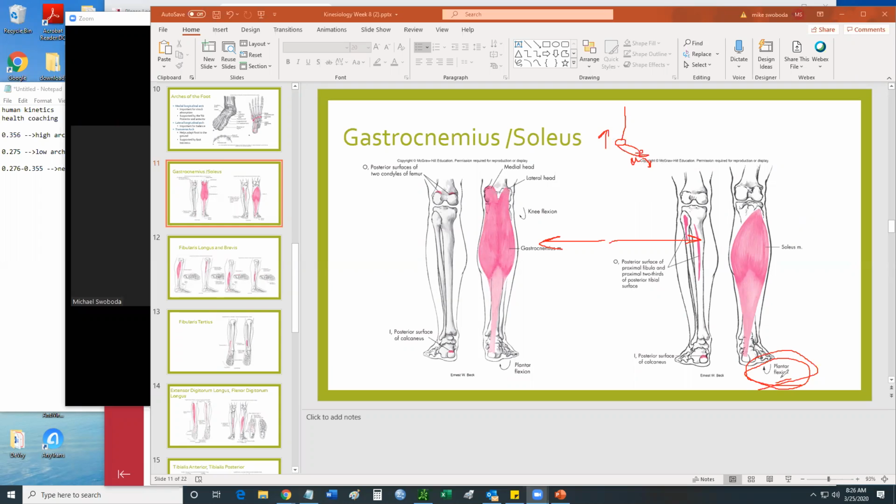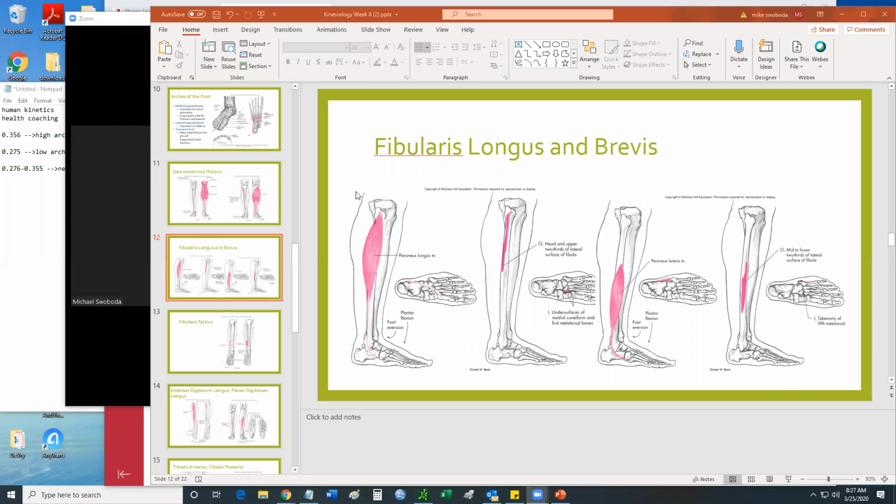That is plantar flexion. That's the primary role of your calves, is to do plantar flexion.